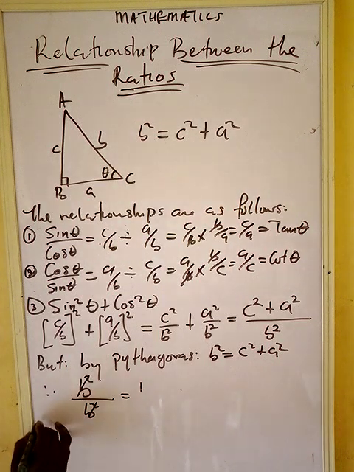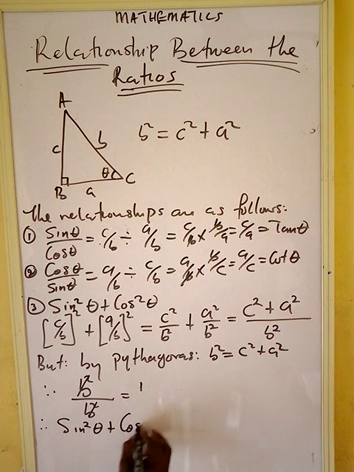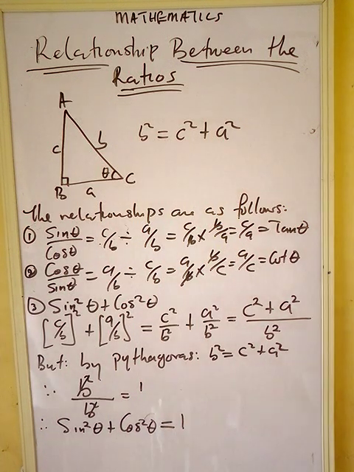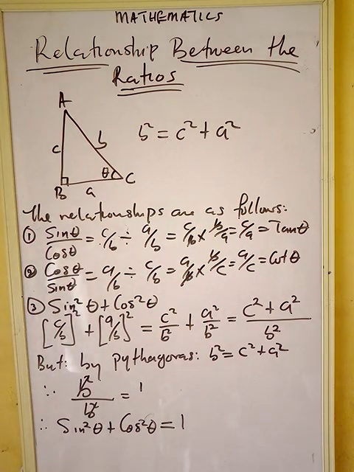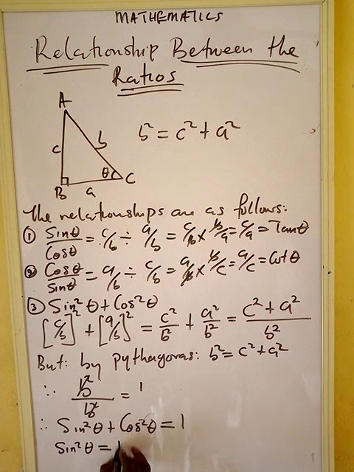Therefore, sin theta squared plus cos theta squared equals 1. Now, if you need only sin theta squared, sin theta squared is the same thing as 1 minus cos theta squared.